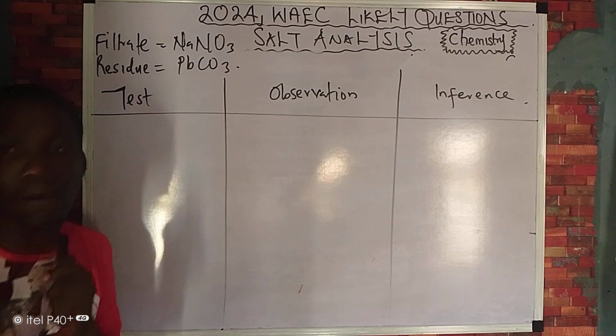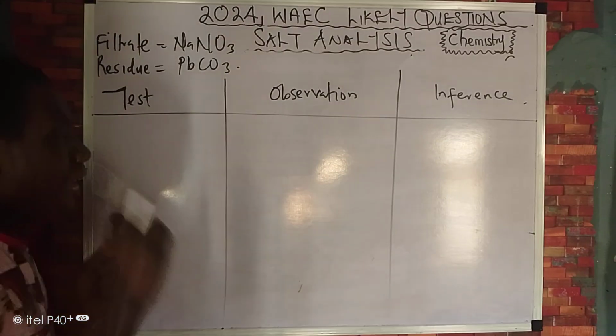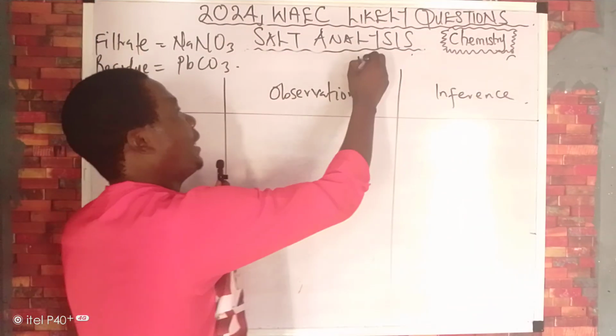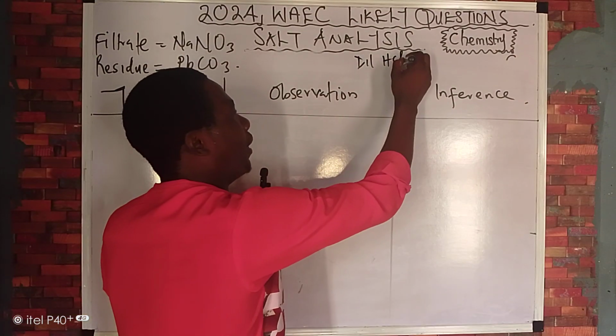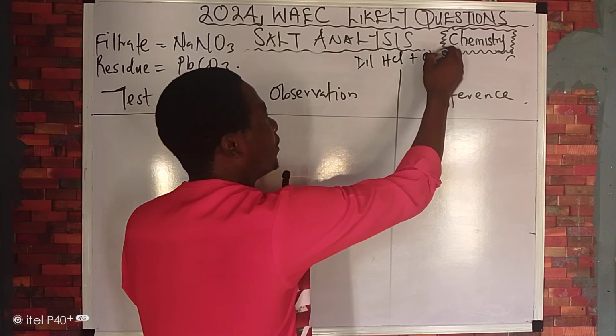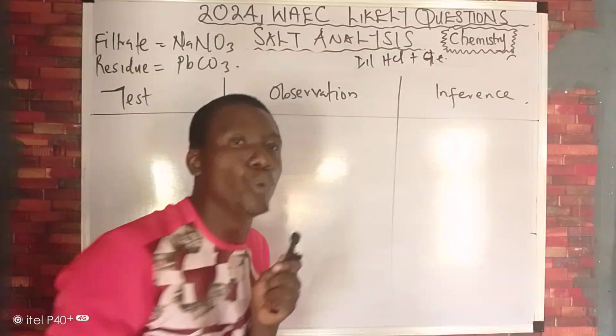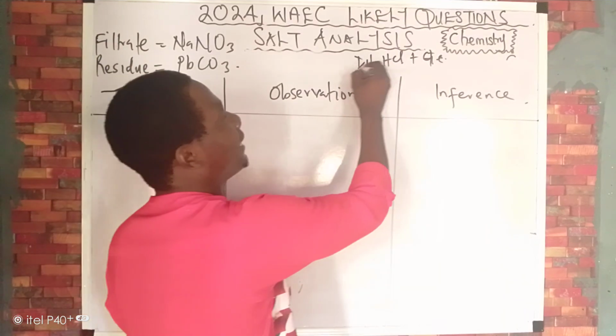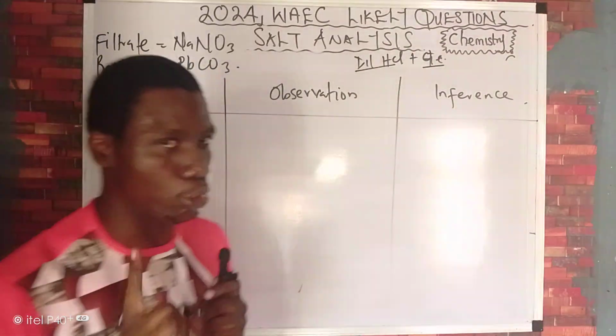Now the confirmatory test for lead, like I told you, you can either use dilute HCl plus heat, take note of that, or you will use potassium dichromate.